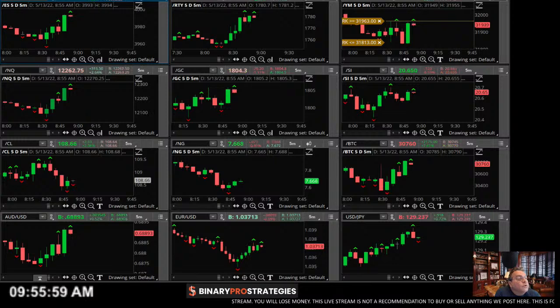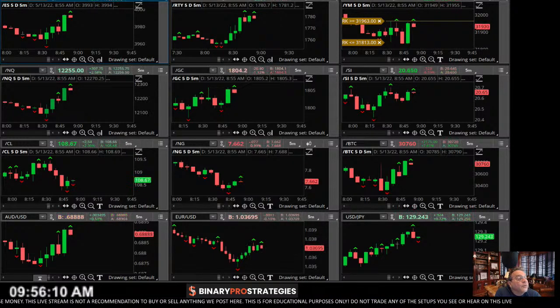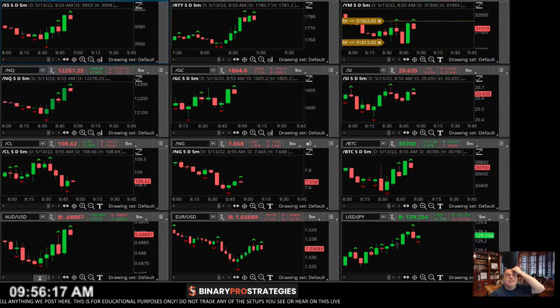But we're still short. YM is still short, which is the mini Dow, also called the Wall Street 30. We want to hit a target of 318.13. If we don't, then it would reverse at 319.63.